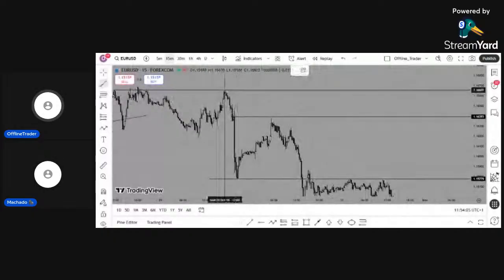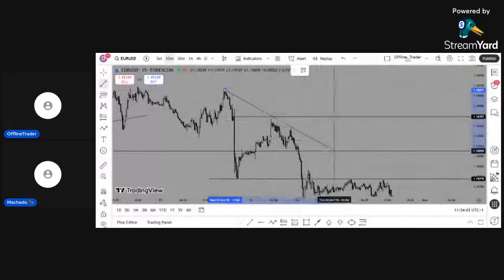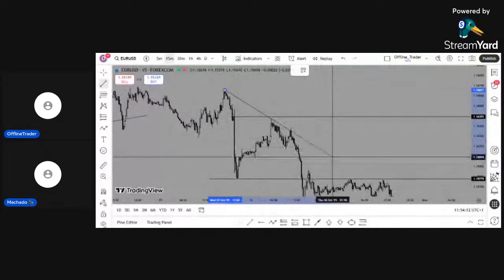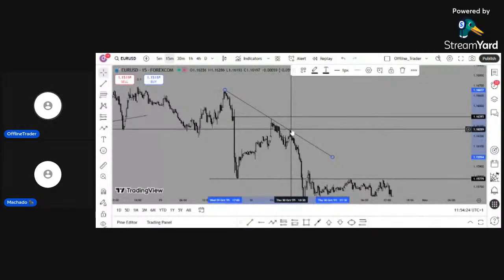So in a downtrend, I told you we need just the lower highs. So you connect them. You can connect it from the wicks, or you can use the body. So as you can see, this is the third touch, and the price just jumps back and respects it, then moves in the direction.